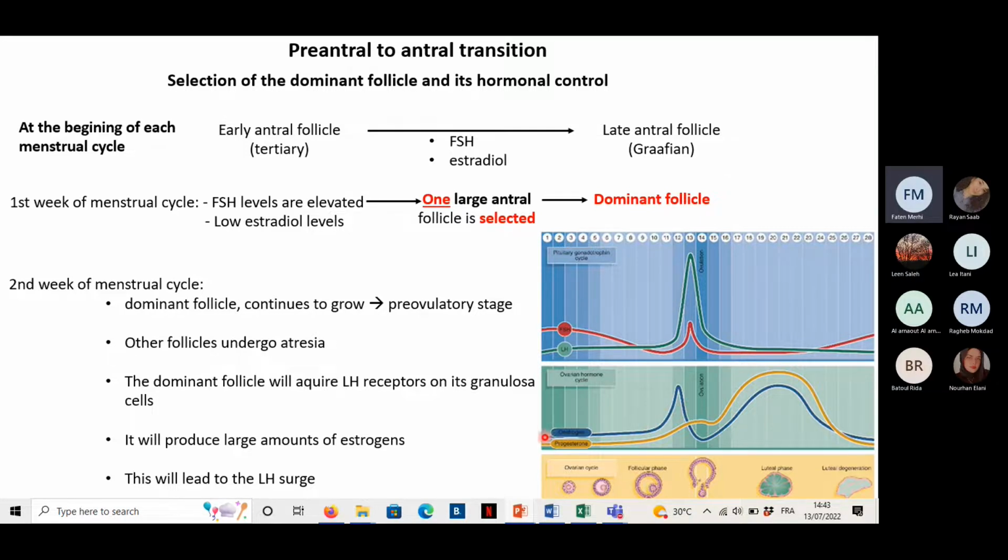At the beginning of each menstrual cycle, we have high levels of FSH, and since those follicles express FSH receptors, they can respond to the action of the FSH.